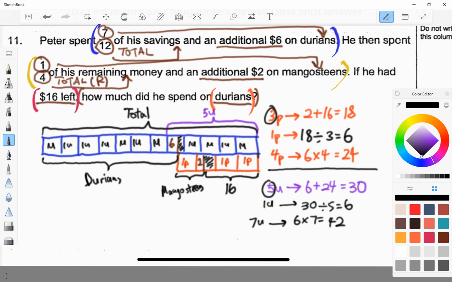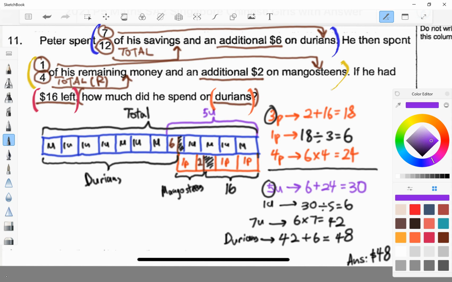And finally, my durian will be 42 plus 6, giving us 48. So the answer for the durian is $48.